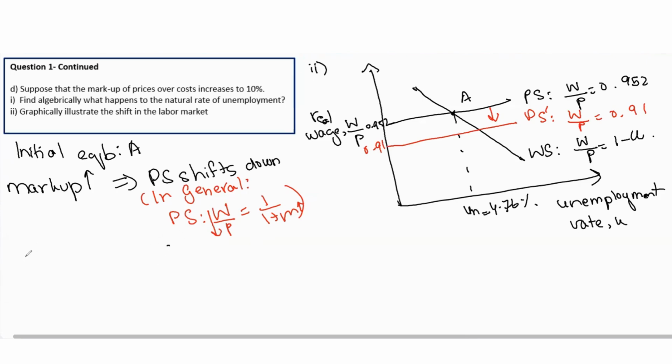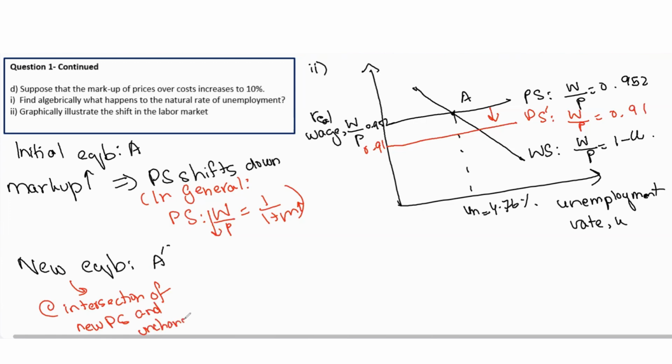So the new equilibrium is going to be at A prime, at the intersection of the new PS curve and the unchanged WS. And we know the new natural rate of unemployment that we just found is 9.1%.